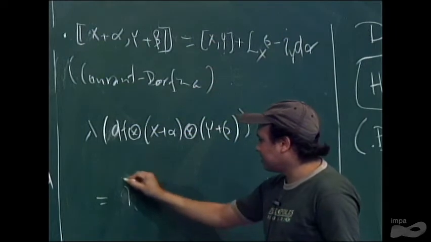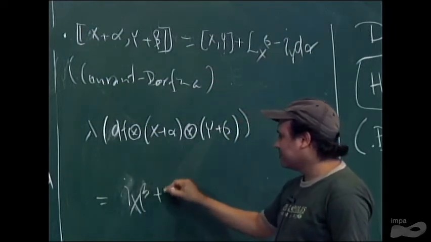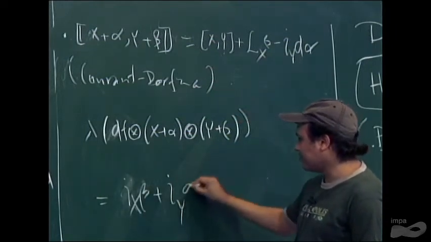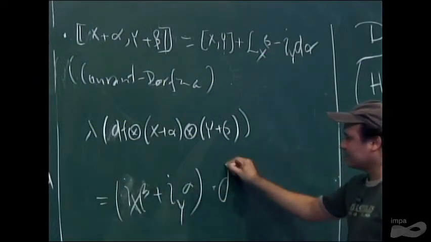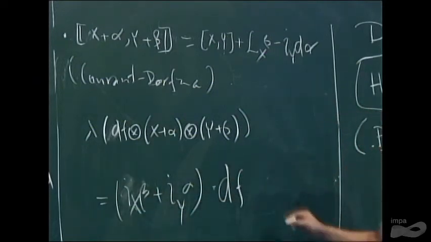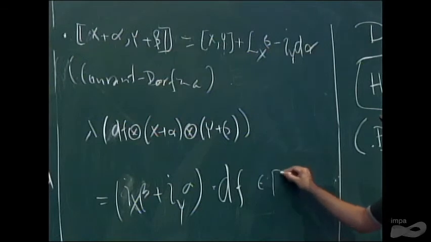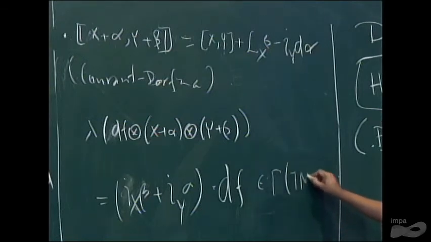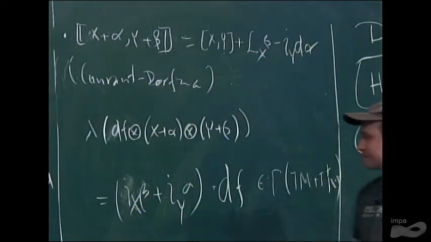So I write it as i_x of beta plus i_y of alpha times the differential of f. So this is seen as a section of T plus T star of M. So this is an example where lambda is not 0, and this satisfies the Jacobi identity. That means these are the basic space for Dirac structures.